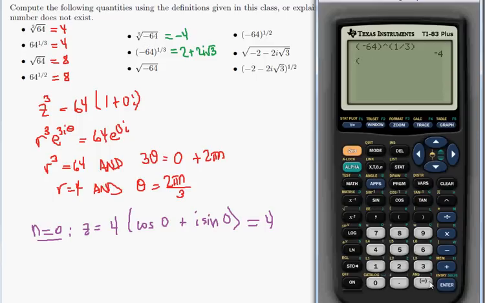However, if I go negative 64 plus 0i raised to the 1/3, this forces the calculator to think about the second interpretation of raising a number to the 1/3 power, and I get the different answer, 2 plus 2 square root of 3 times i. So that's an explanation as to why these two apparently equivalent expressions are returning different answers on the calculator.